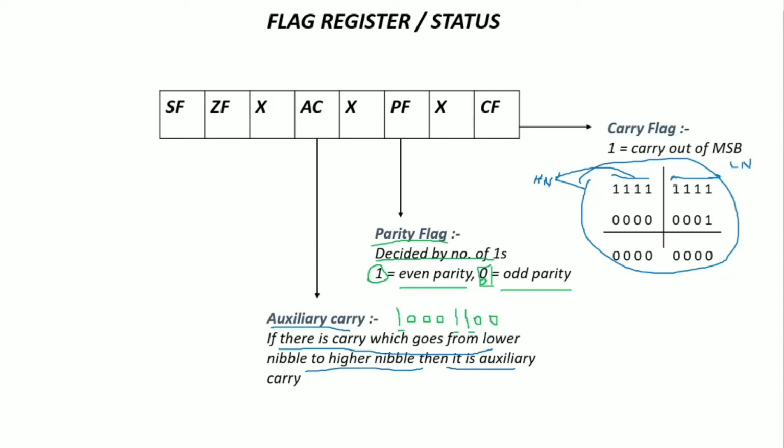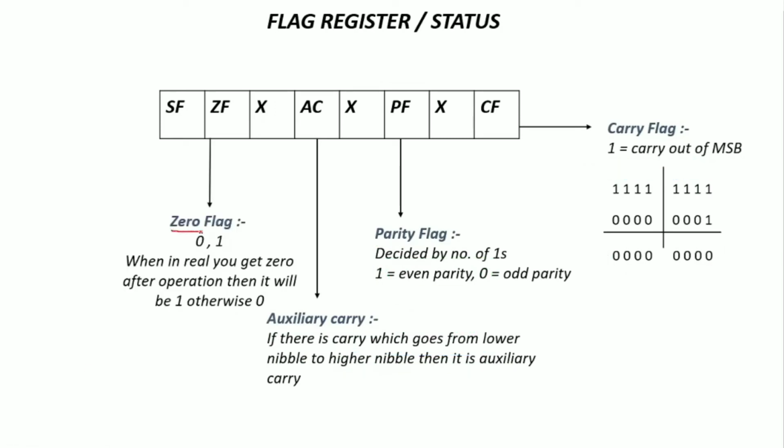Here we saw that when we moved from lower nibble to higher nibble, we got a carry. That means auxiliary carry existed for this example. That is the only thing we have to learn here, which is the auxiliary carry. When we get any kind of carry when moving from lower nibble to higher nibble, then the auxiliary carry will be equal to 1. And if that does not happen, then it will be equal to 0. I hope that you would have understood this also. So let's move forward now.